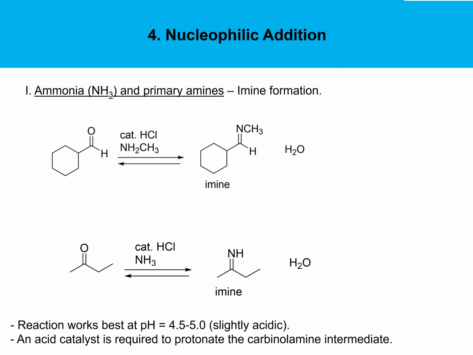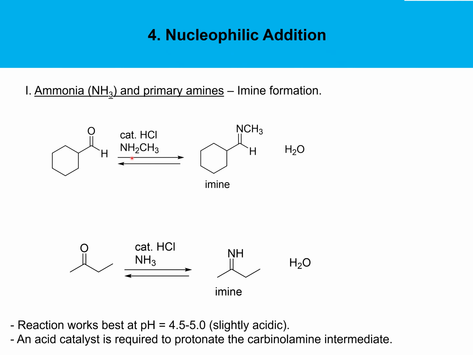Let's take a closer look at the reaction between ammonia or primary amines with ketones and aldehydes to produce imines. Here's an example with an aldehyde. If we use a primary amine, you can recognize primary amines by the fact that they have two hydrogens and one alkyl group. Using a catalytic amount of acid like HCl will produce an imine.